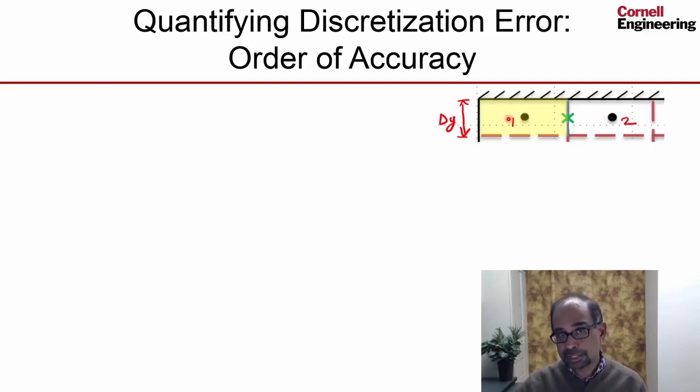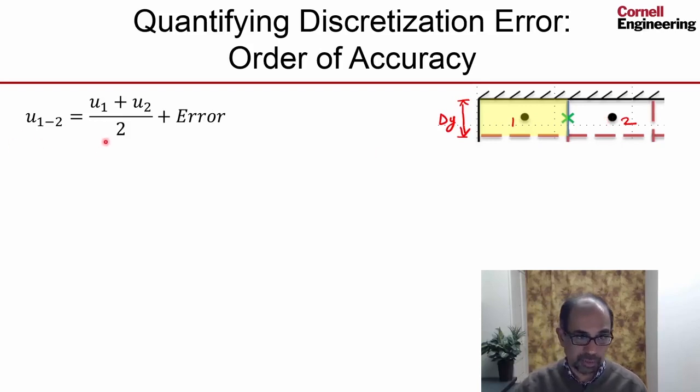And we had written the algebraic equation for mass conservation for that cell. And in that, we had to approximate the u velocity at the center of the face as an average of these two values. And that's the equation we had. So that's the value at the face, and that's the value at the adjacent cell centers.